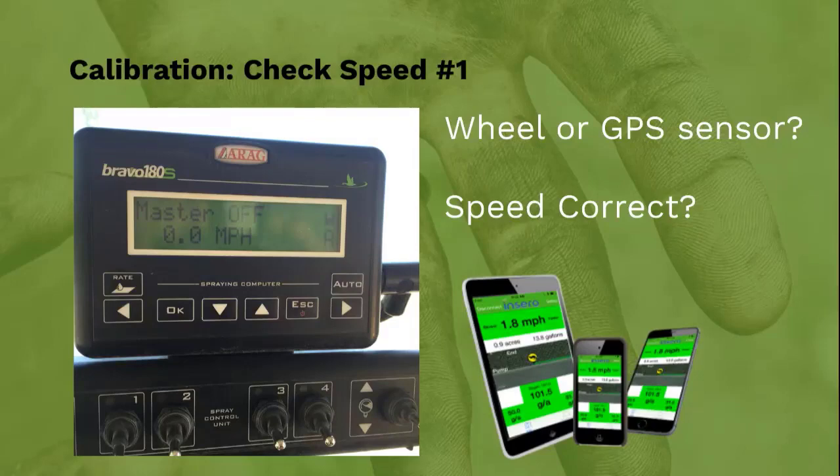I have seen them to be spot on, speed matches, or 1 and sometimes even 4 miles per hour off. So remember that the rate controller uses the displayed speed on the computer. So if it is off, then your spraying is off.